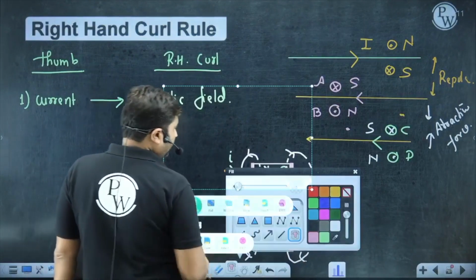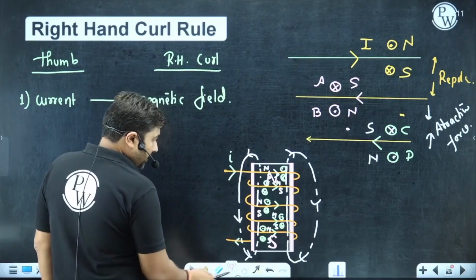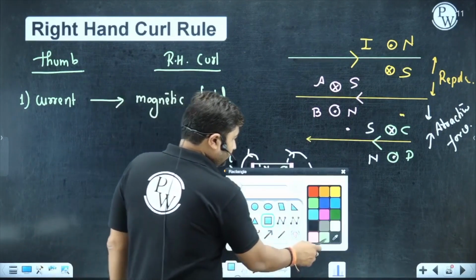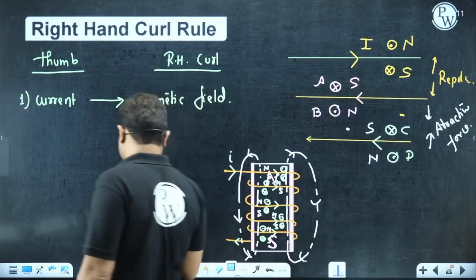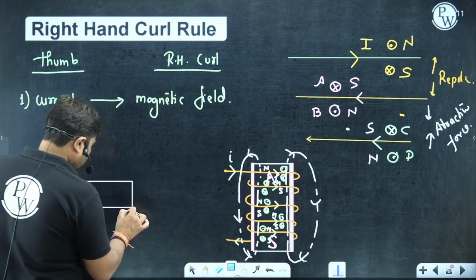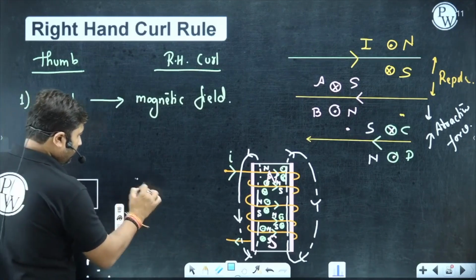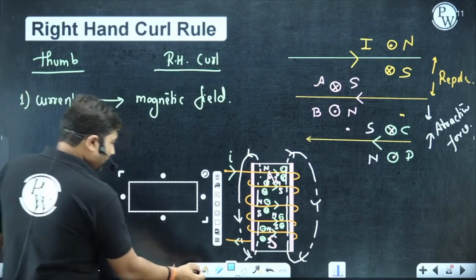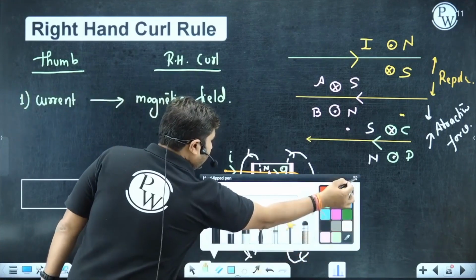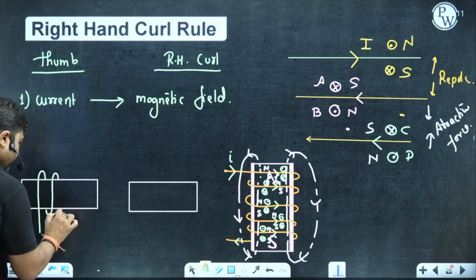Again, please observe. Suppose we have an iron piece, and over this iron piece I am going to wind a wire.